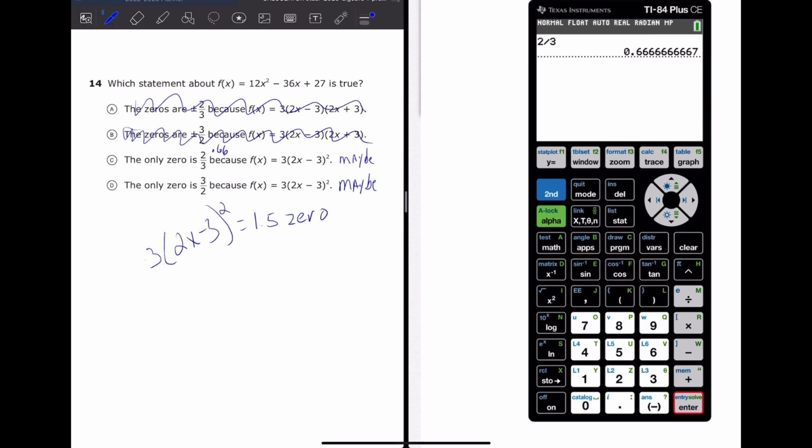Let's check D. .5. Looks like we have a match.